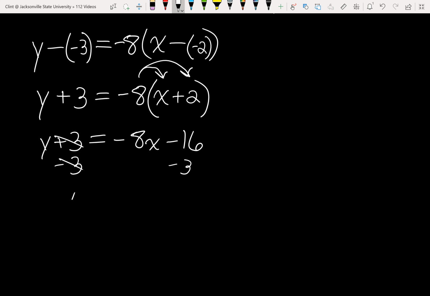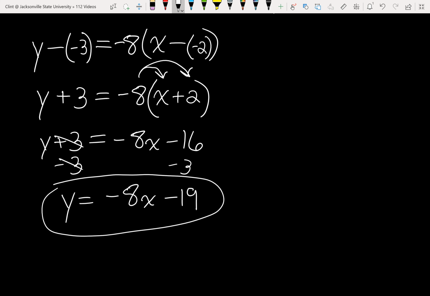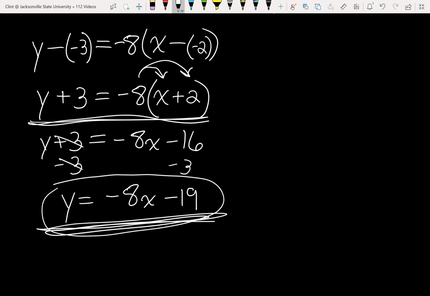So y equals negative 8x minus 19. That would be our line in slope-intercept form. It could tell us to put it in point-slope form, that's this one, or it could say y-intercept or slope-intercept form, that's this one.